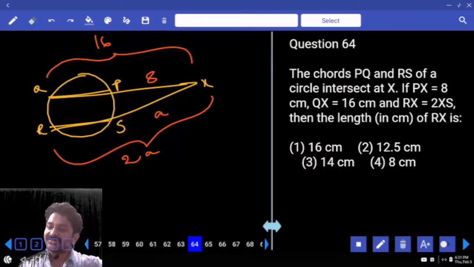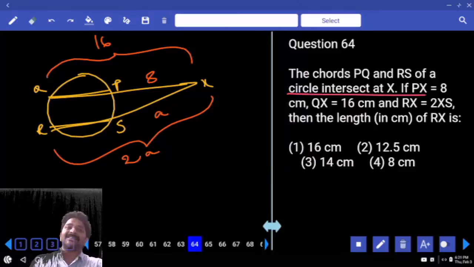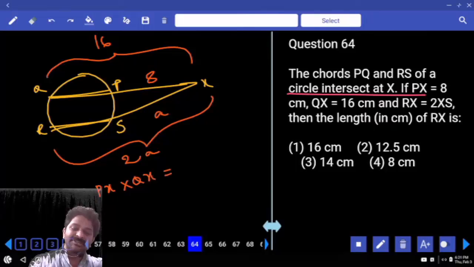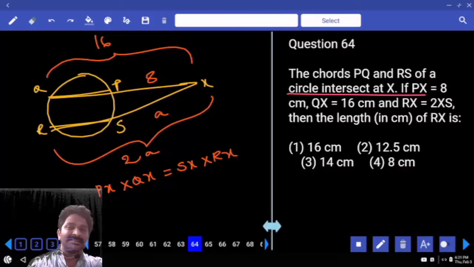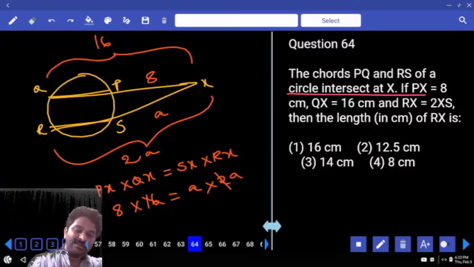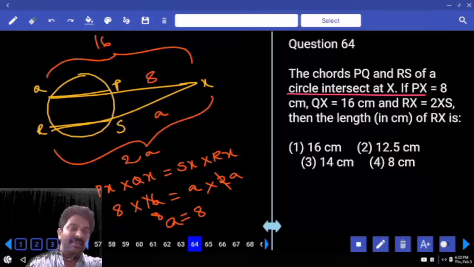So two chords having an intersection point at X should satisfy PX into QX must be equal to SX into RX. This is 8 and this is 16. SX is equal to A, RX is equal to 2A. 8 times 16, 2A square is equal to 128, so A is equal to 8.